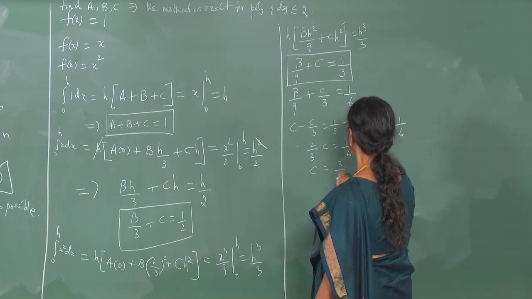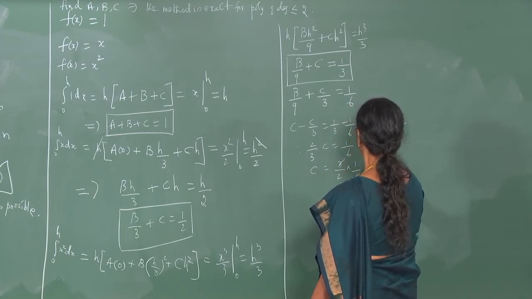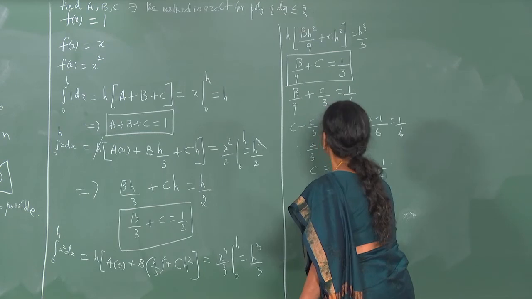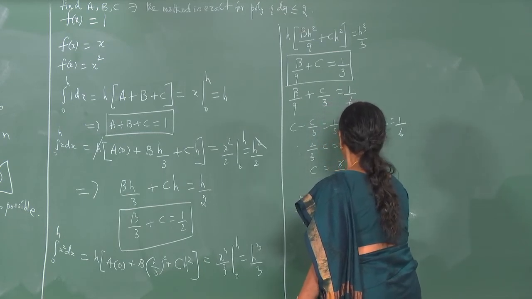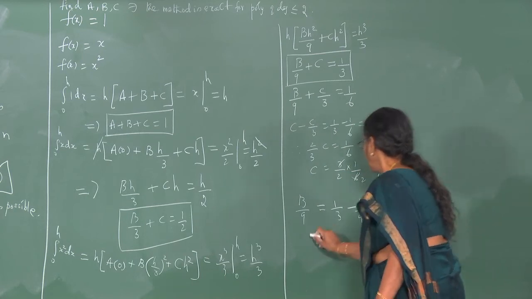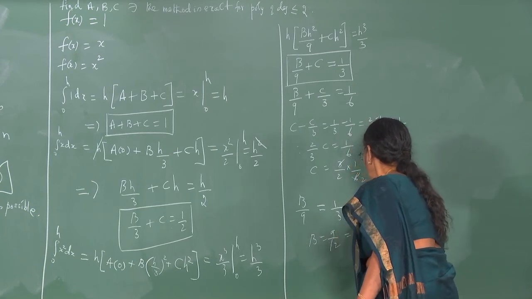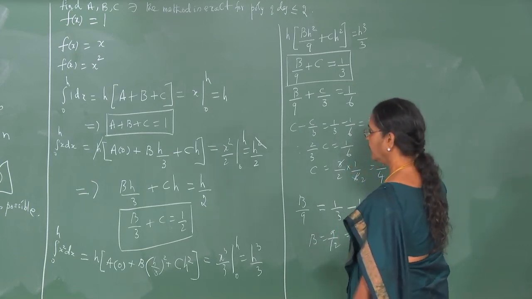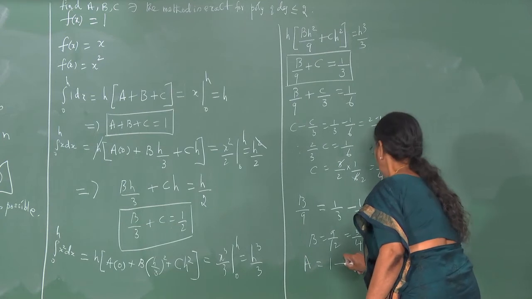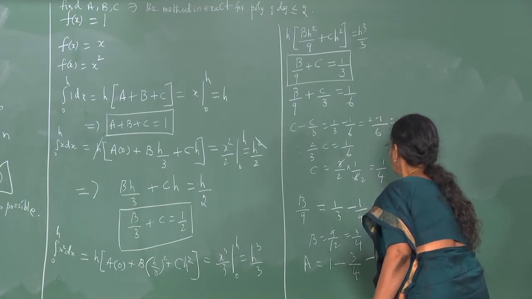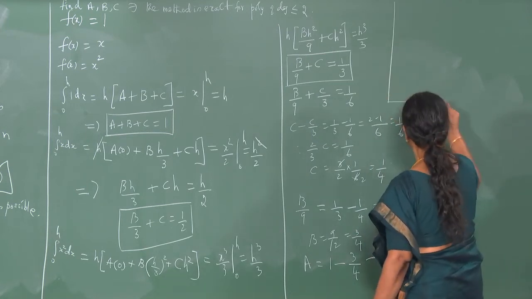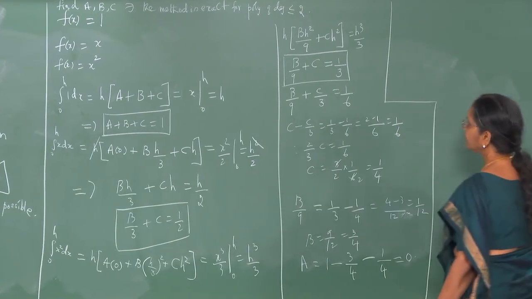So, c is 1 by 4, and therefore, b by 9 must be 1 by 3 minus c. So, that gives you 1 by 12, and so b is 9 by 12 or 3 by 4. But I know a plus b plus c must be 1. So, a must be 1 minus b minus c, and so a must be 0. So, we have evaluated the constants a, b, c.